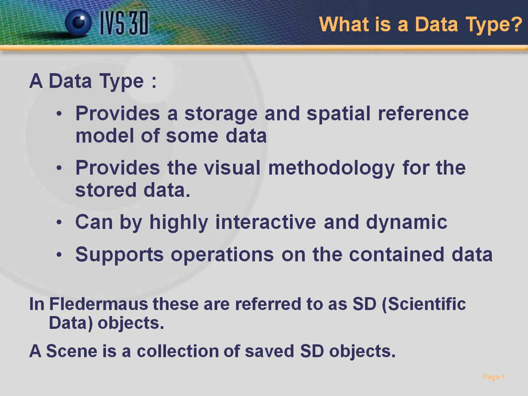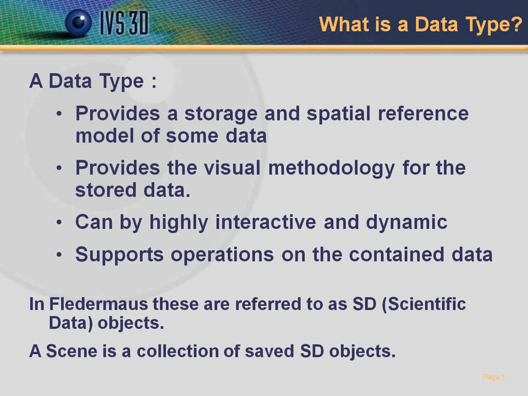You can do a lot of operations on the data itself. And the object types also support various operations on the data they contain. Surface objects provide a series of operations that are relevant to surfaces, points for points, and so on.